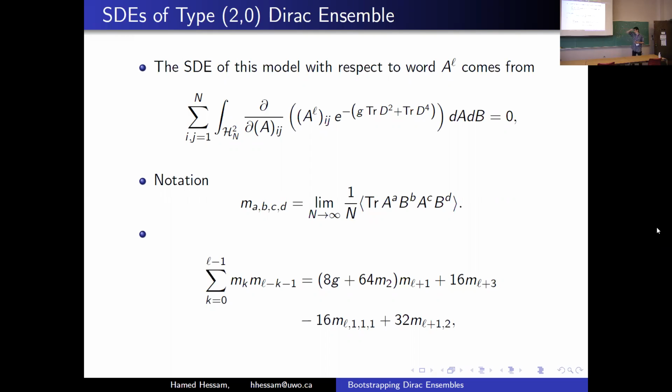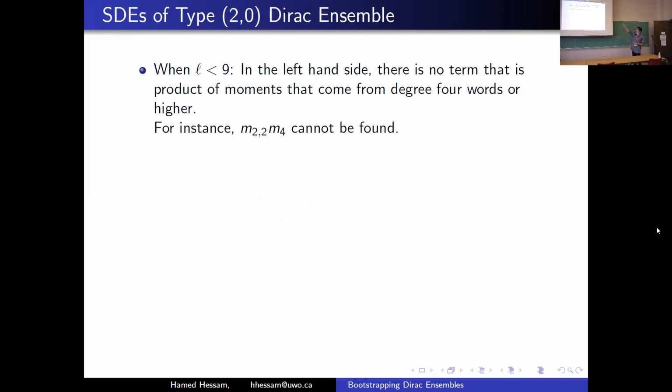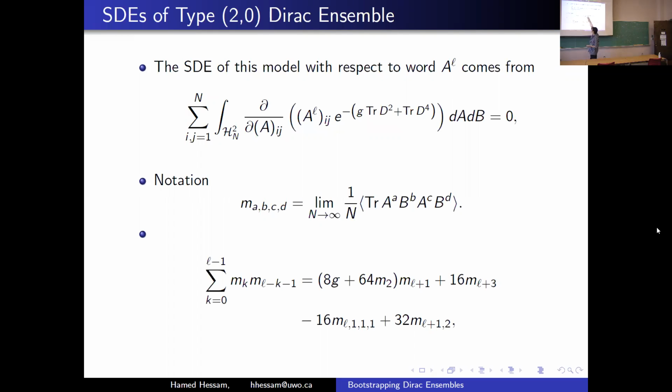But the Schwinger-Dyson equation in this case is not closed. I mean, every Schwinger-Dyson equation is generating more moments for us. But the good thing is, if we consider the Schwinger-Dyson equation with a word with a degree less than 9, on the left-hand side, because it's a partial derivative of that one, the degree becomes lower.